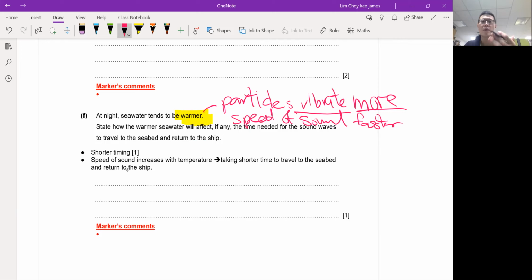So in humid weather, like now, when it is raining, you'll find that sound travels faster or more effectively compared to a dry environment. So that is the humidity of the environment, followed by the temperature of the environment. The higher the humidity and the higher the temperature, the faster the sound. Okay, so just take note of this.